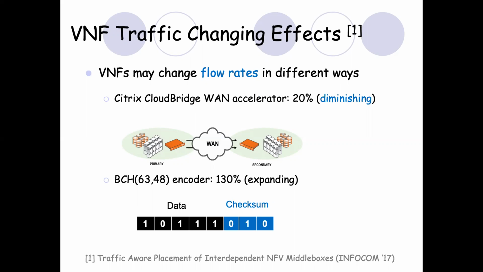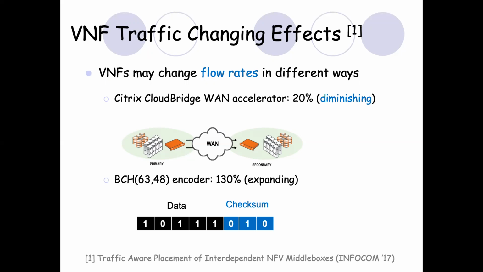For the diminishing effect, for example, the Citrix CloudBridge Wide Area Network Optimizer can reduce the traffic volume by up to 80% by compressing the traffic. As for the expanding effect, one kind of BCH encoder can increase the traffic rate nearly by 30%.